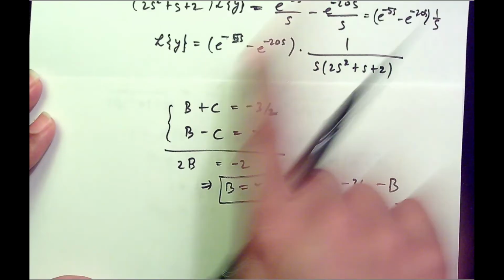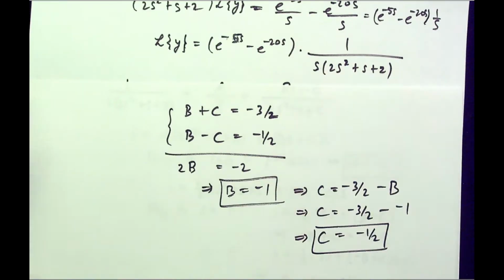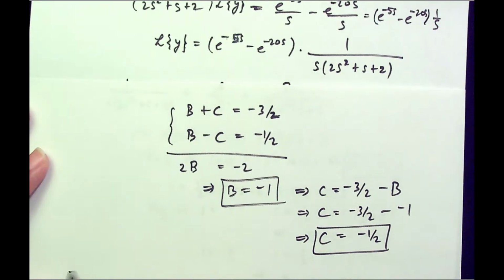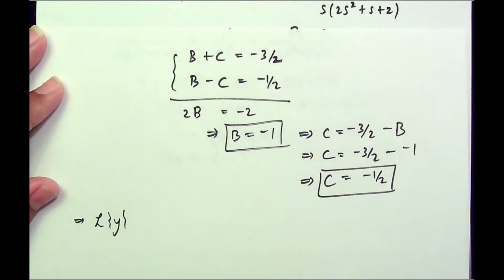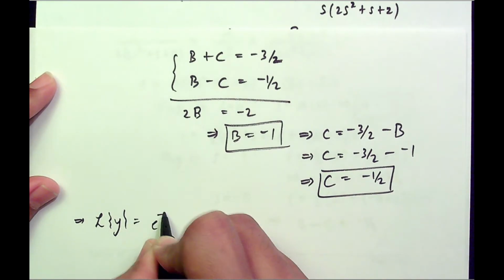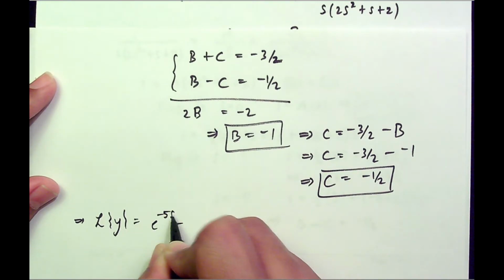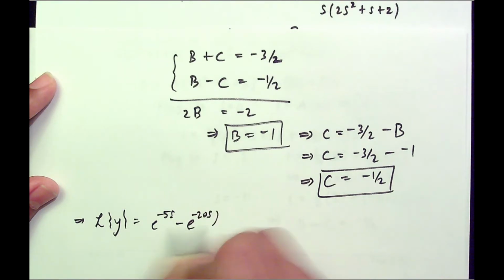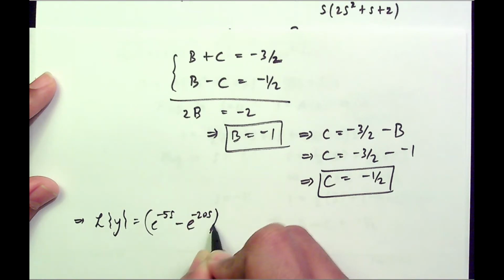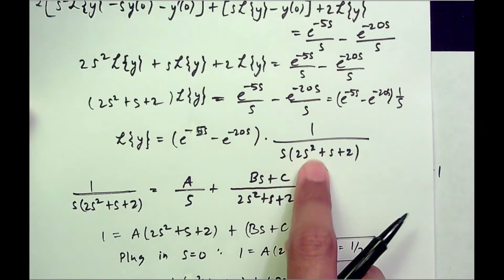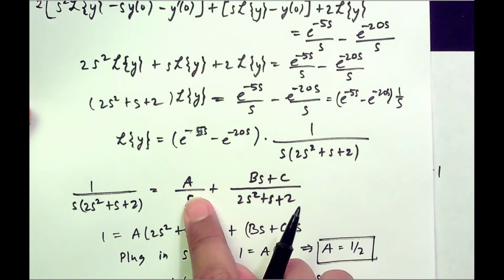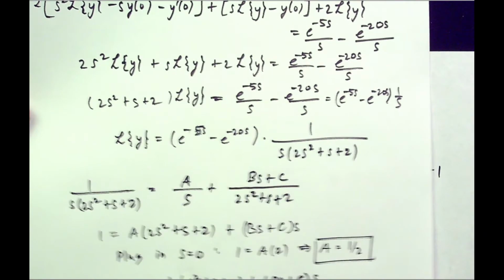Now we can go back and write this. So that means the Laplace transform of y is equal to e to the negative 5s minus e to the negative 20s times this, but this splits like that where we just found the coefficients.